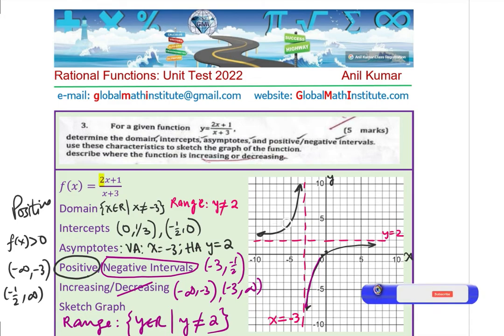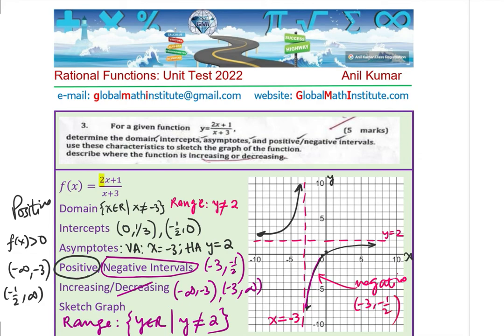It is negative in the interval from minus 3 to minus half, correct? So this portion is negative. In the rest of the portion, it is positive.